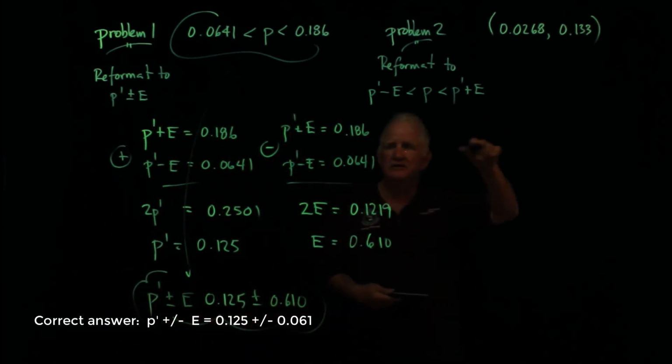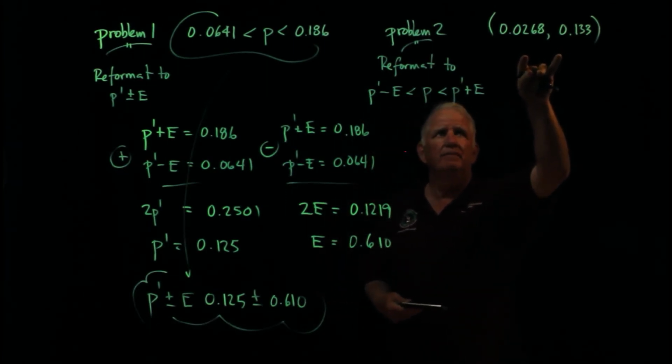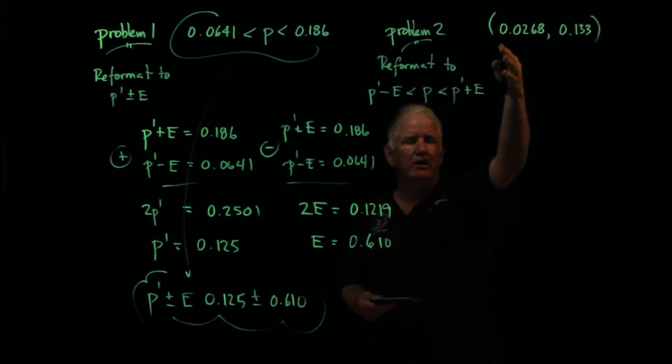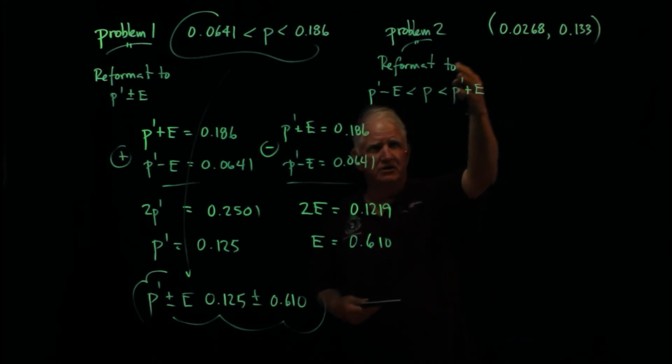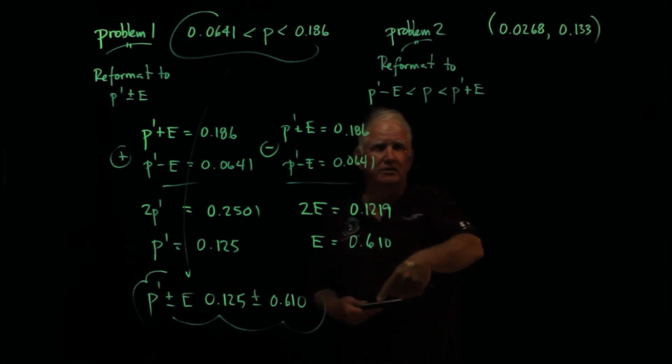We're going to do exactly the same thing in problem 2. Problem 2, again, has a format in this manner in which the lower bound of the confidence interval is given, the upper bound is given, and we'd like to expressly show this in essentially the same form as this.